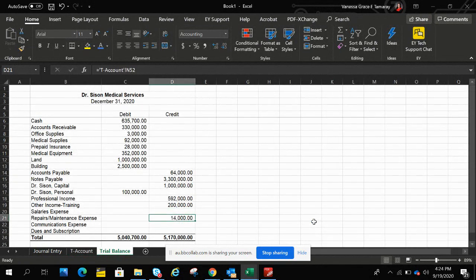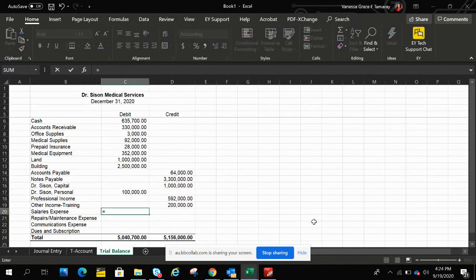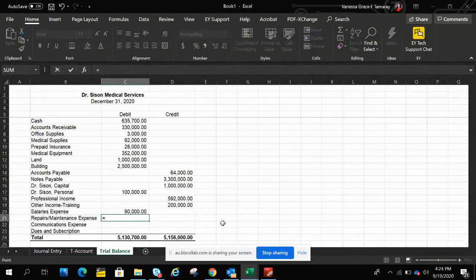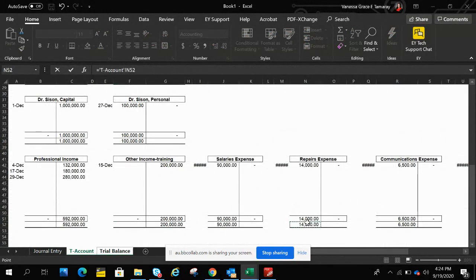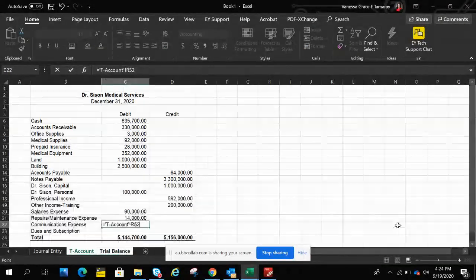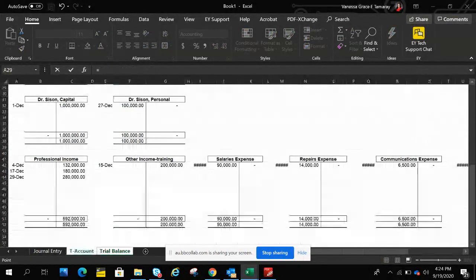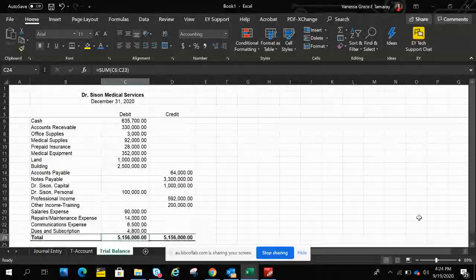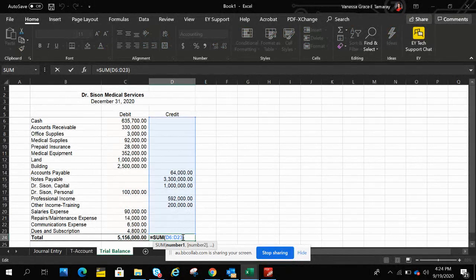Salaries expense should be on the debit side because this is expense, diba? Communications, 6,500. Dues and subscription, 4,800. Yan. So, nakita nyo, nag-balance yung debit side natin and yung credit side.